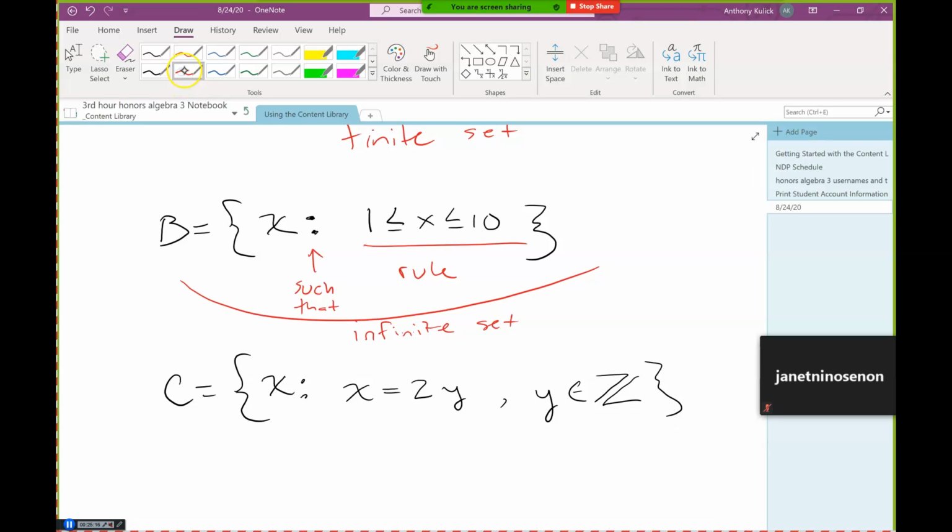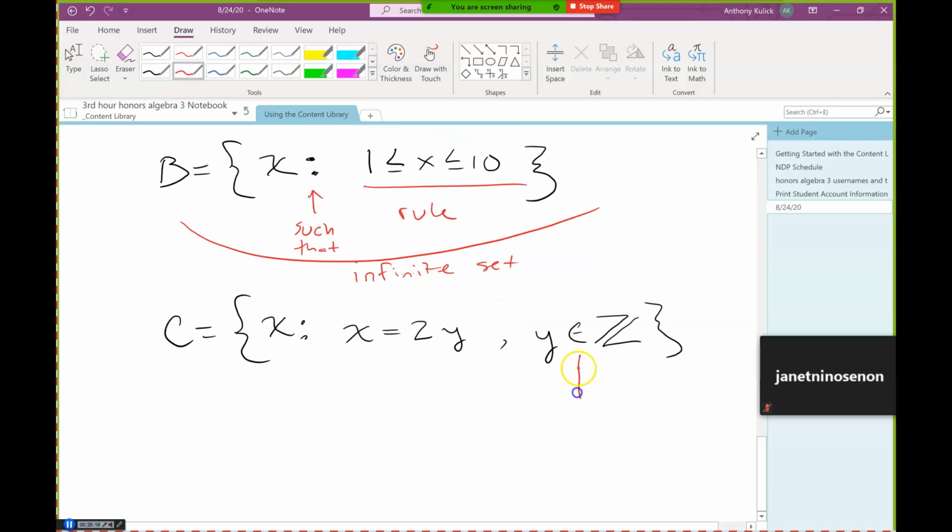So that's a lot of cryptic looking notation there. This symbol is like a curvy E, and you just read it like the phrase "is a member of." And this symbol here is the symbol for the set of integers.